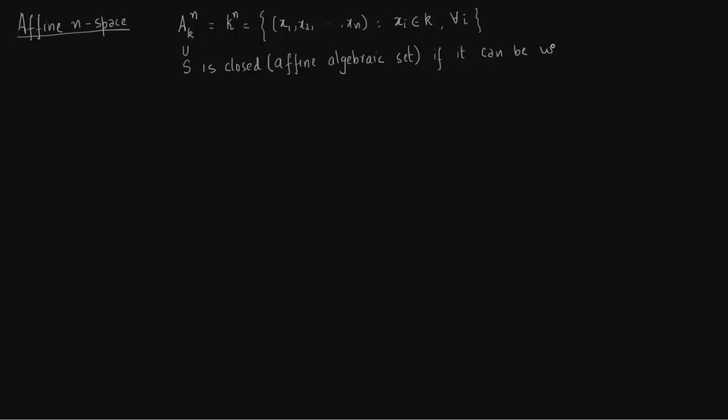That it is a zero set of polynomials means that all the polynomials vanish on this set S. So the set S is closed if it is a set where some polynomials vanish. So in some sense it is a solution set of these polynomials.